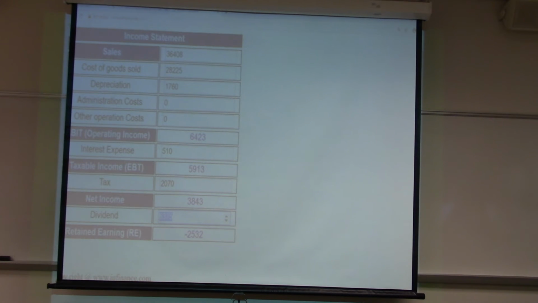So you not only pay to yourself from the money you made that year, which is net income, you also take money out of your savings account, retained earnings account, and pay to yourself. So dividend is 6,375.